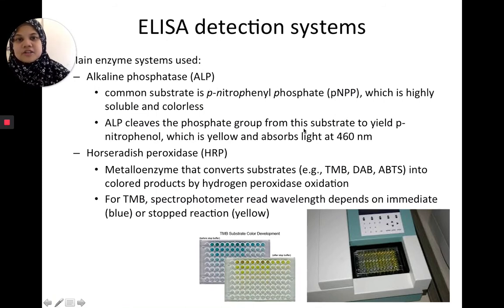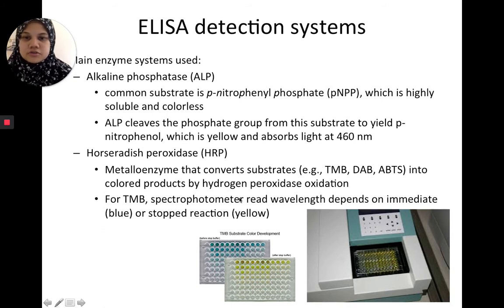It cleaves the phosphate group from p-nitrophenyl phosphate, or NPP, and then it will produce a yellow color which absorbs light at 405 nanometers. Or you can use horseradish peroxidase, which is fairly common. This one converts different substrates like TMB, DAB, ABTS into colored products through hydrogen peroxide oxidation.